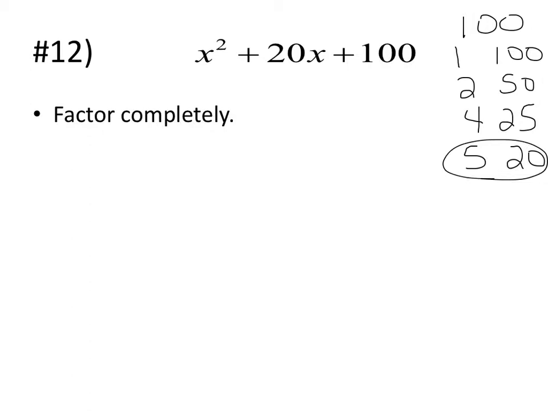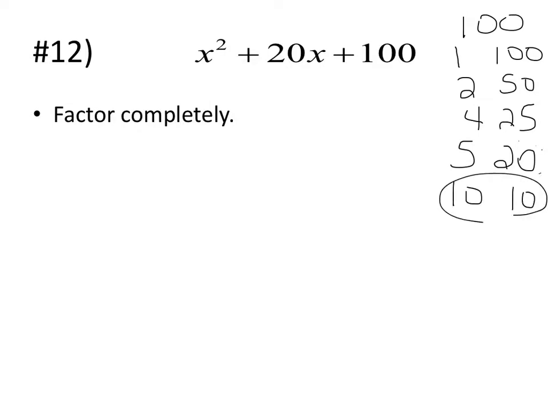Let me erase that. I was thinking I wanted 25, but I want 20. 5 times 20. And then I think last is just 10 and 10. And 10 and 10 can give me 20.